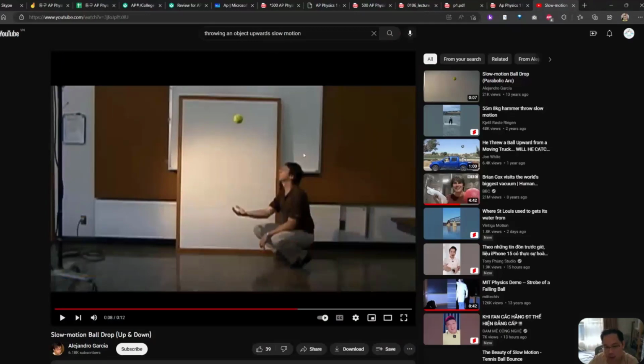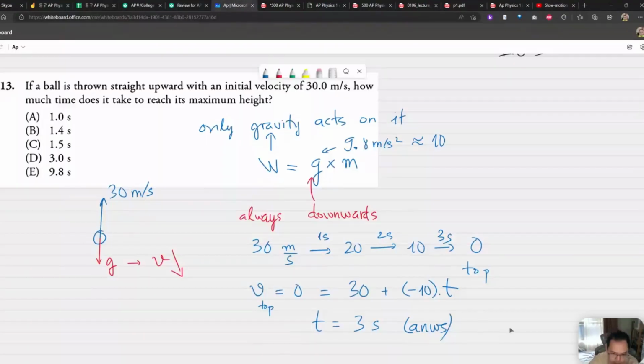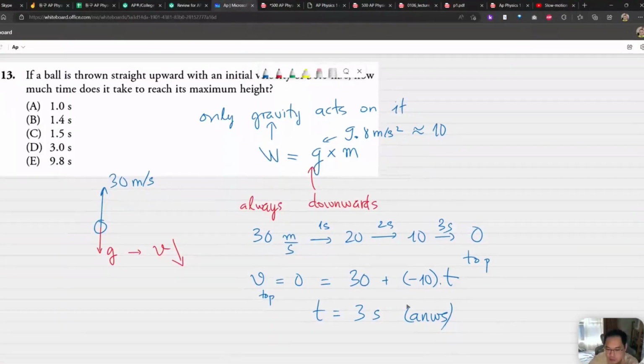Instantaneous velocity means the velocity at an instant, calculated by the displacement in a tiny fraction of a second, like 1/100th of a second. At the top, velocity is 0, so you can understand it this way: from 30 to 20 to 10, and finally to 0. It takes 1, 2, 3 seconds.